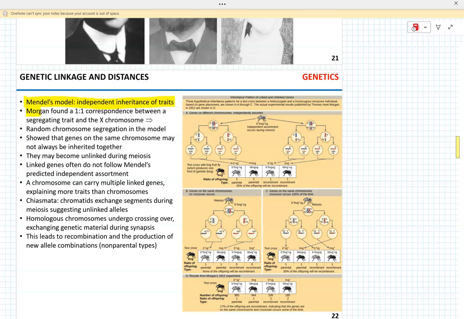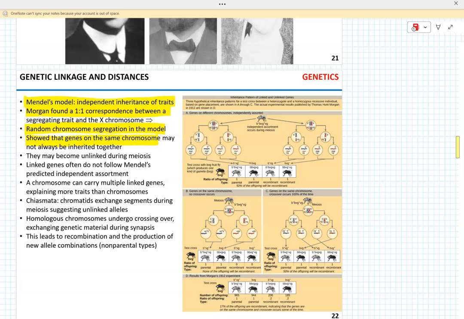Later, Morgan found that there is a one-to-one correspondence between the segregating trait and the X chromosome, which confirmed the random chromosome segregation. However, Morgan also demonstrated that the genes present on the same chromosome may not necessarily be inherited together. They can become unlinked through meiosis.